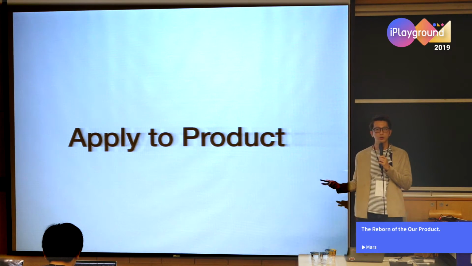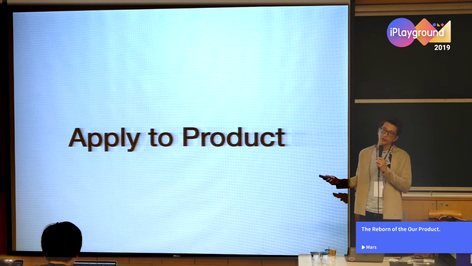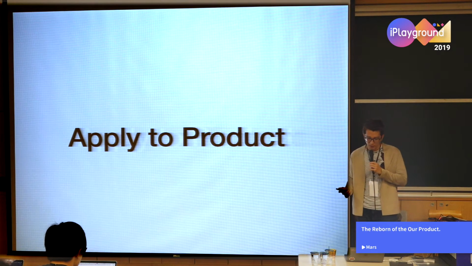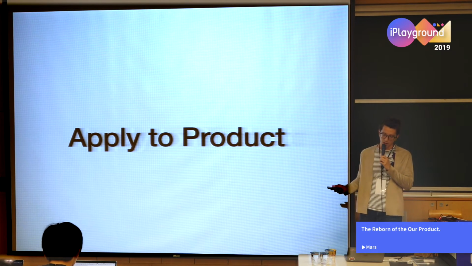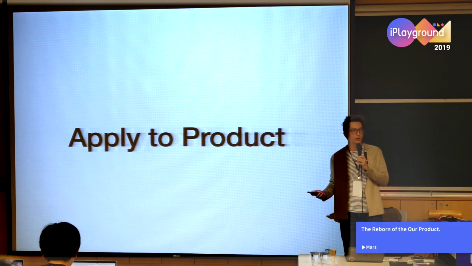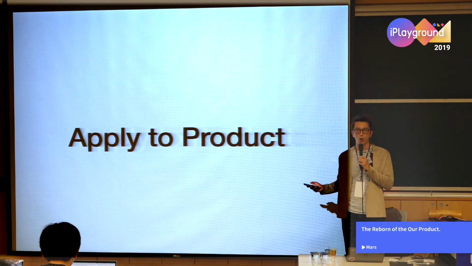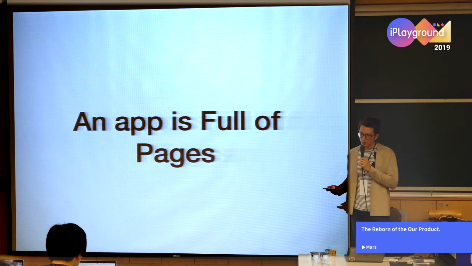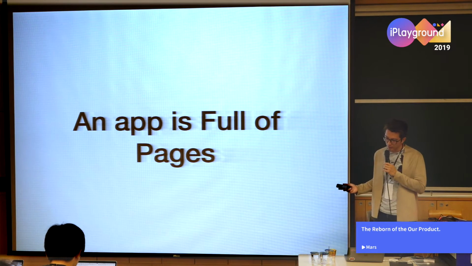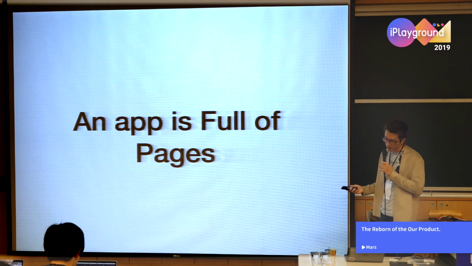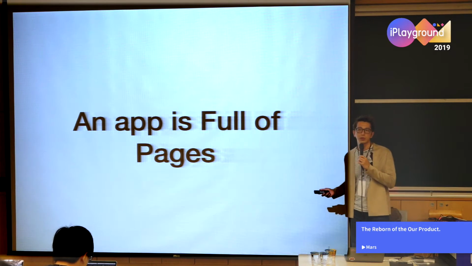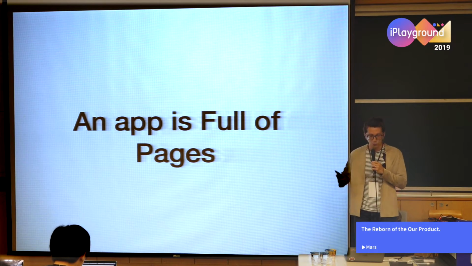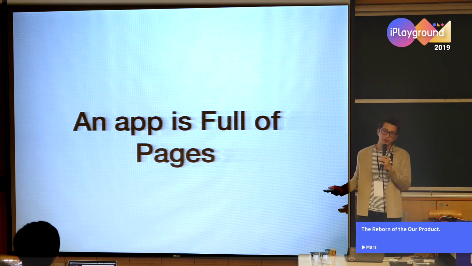After showing you how to use your favorite MVX design pattern in a hybrid code base, I will show you how to adapt it into your whole app. The whole app is full of features, and each feature could be represented as pages.